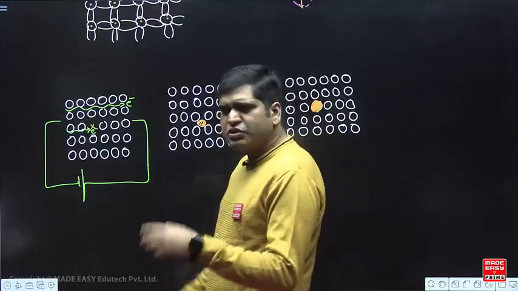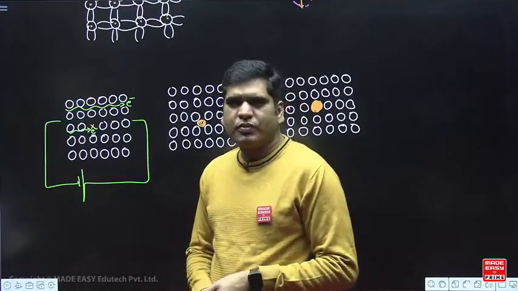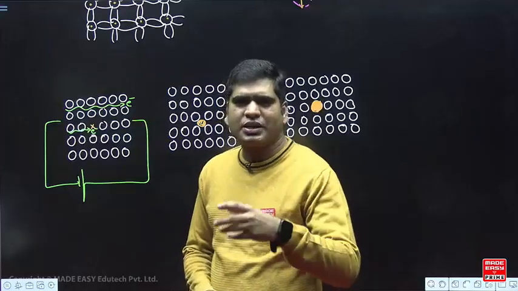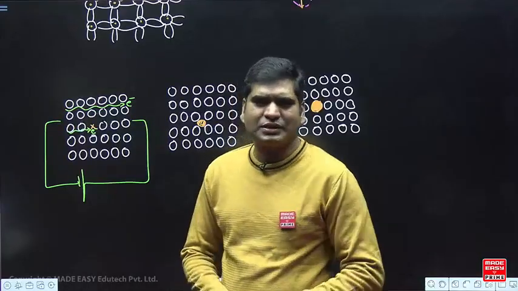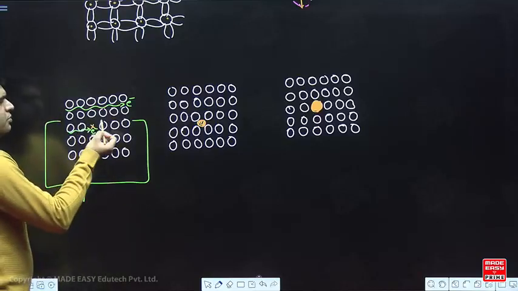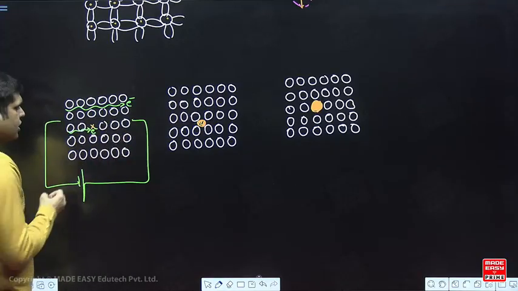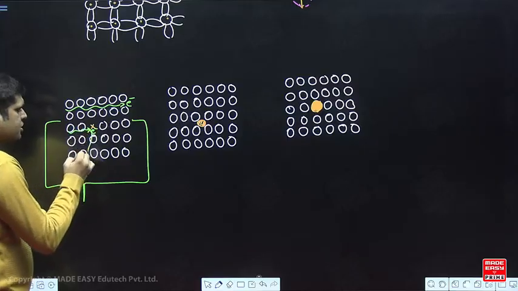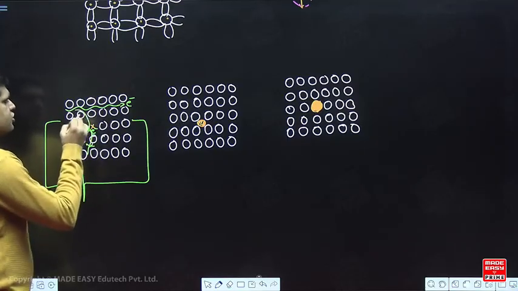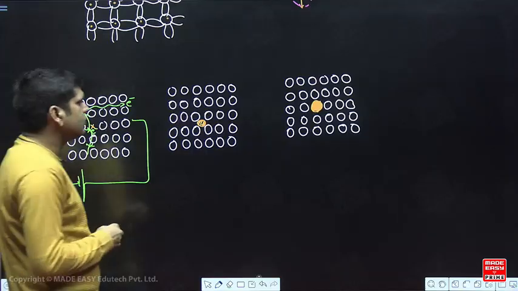You can consider a vacancy like a discontinuity, like a pit where the electron can fall. Either it will get trapped in this vacancy so it will not be able to reach here, and it will not contribute to the current, or it may change its path, and when it changes its path it means it is getting scattered.